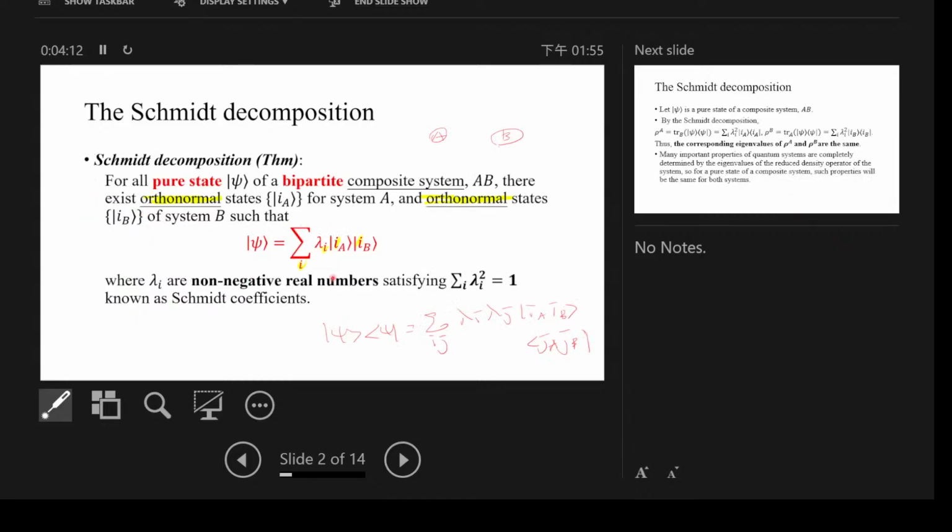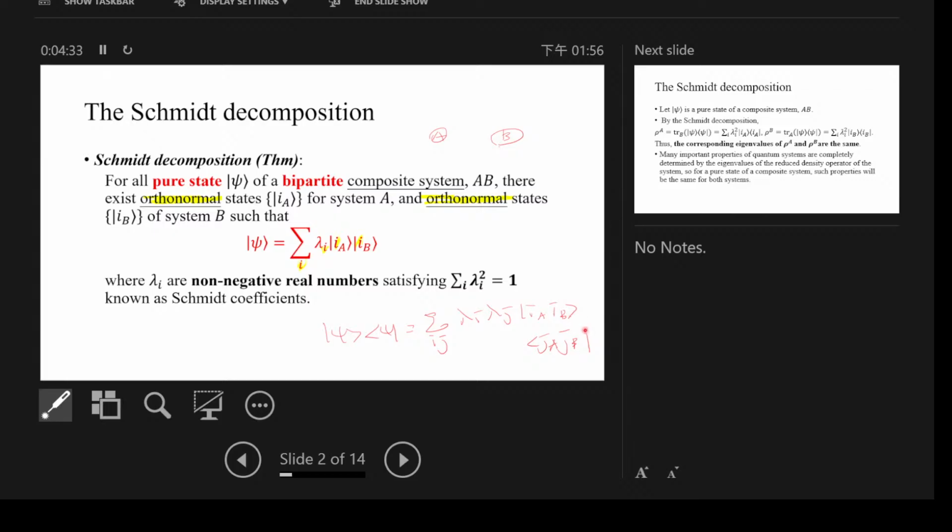First we need to write the density matrix on system AB. So this is rho_AB, and we have a sum over i, j of lambda_i lambda_j |i_A i_B><j_A j_B|. And then here we do the partial trace.